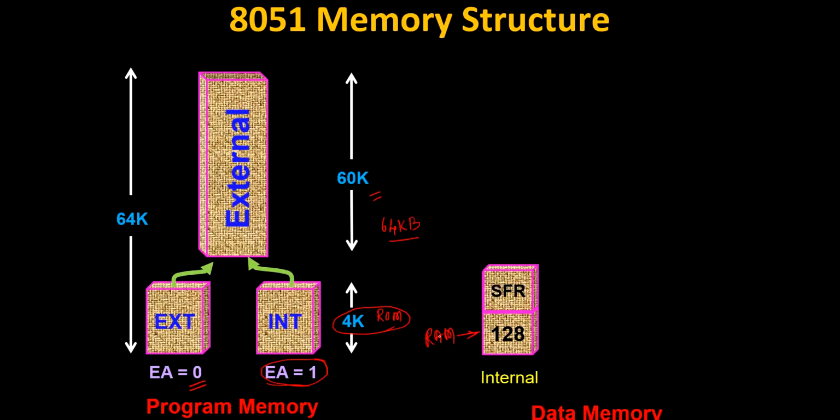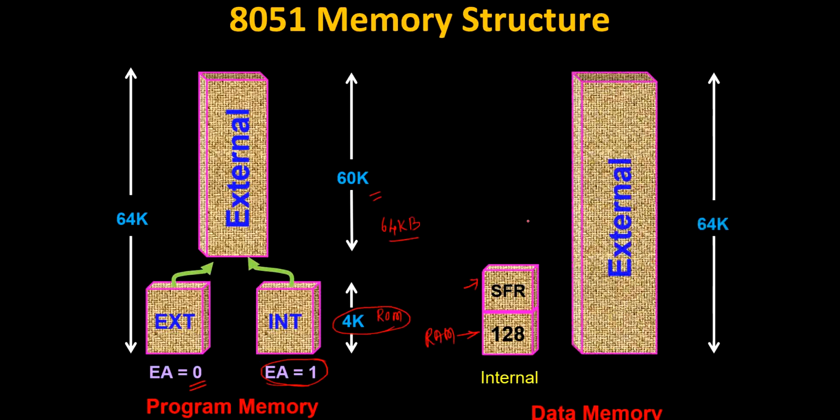So we have the special function registers. I'll come later to what the special function registers are that support your 8051. And externally we have data memory that is 64 kilobytes. When EA is equal to 0, it is taken as external memory for data memory, and program memory is 64 kilobytes.